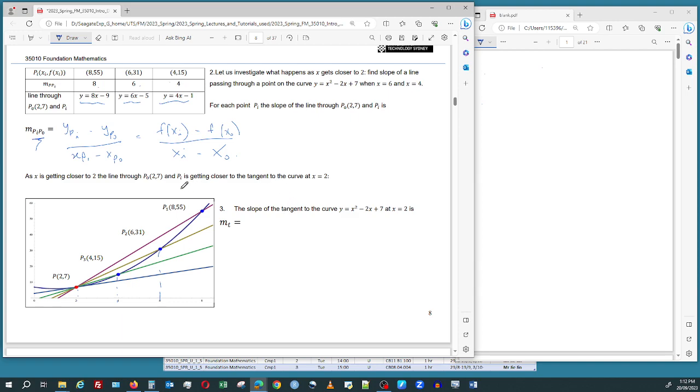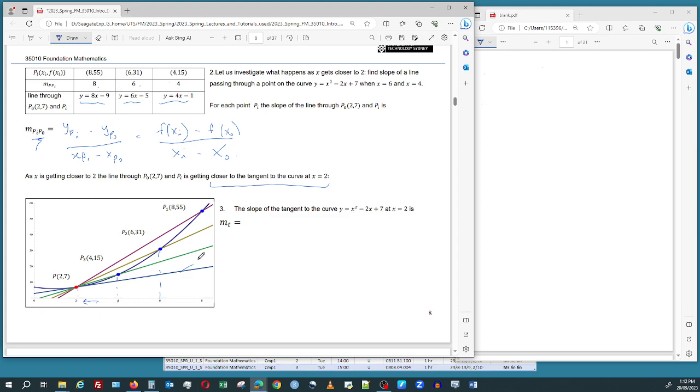So, as x is getting closer to 2, down you come, down towards 2, P1 is getting closer to the tangent to the curve, and this is the grace of the thing. It really wants to know what that tangent to the curve is, and that's this one, the tangent to the curve.